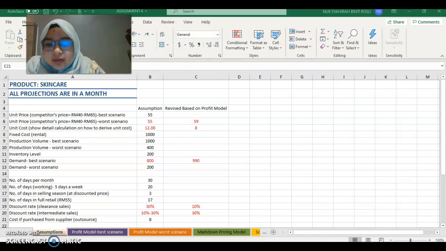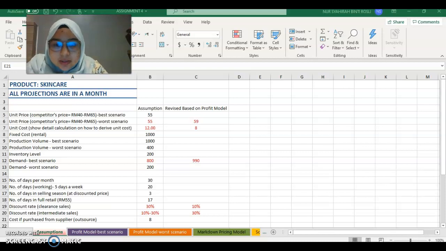For the unit cost, at first I assume it to be 12 ringgit, but after revise, the price became 8 ringgit.